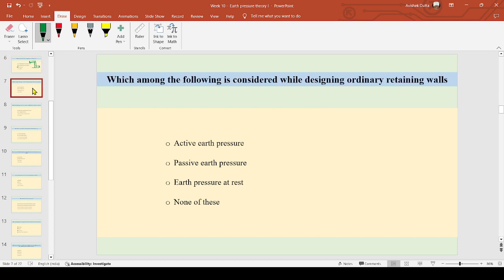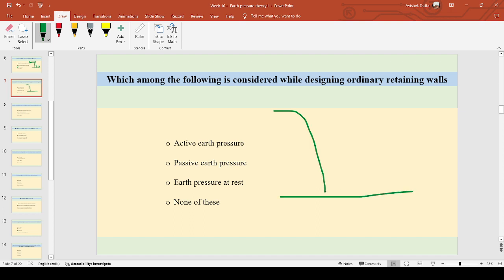Which among the following is considered while designing ordinary retaining walls? Any answer? It is active, sir. Yes, the minimum pressure is active.